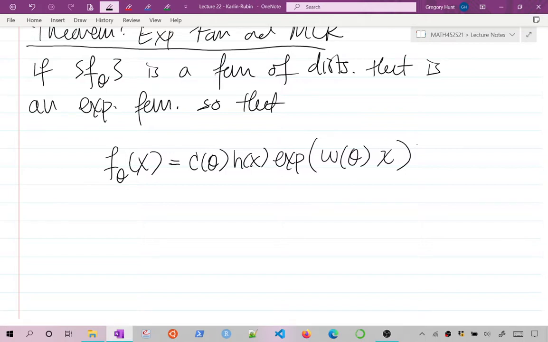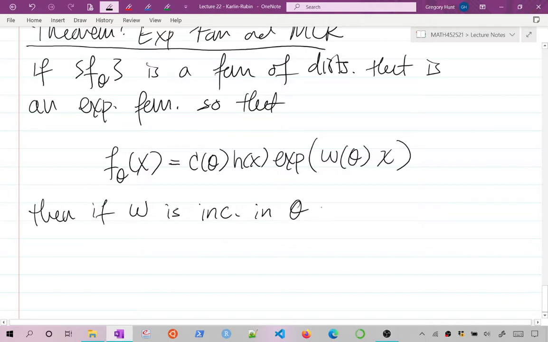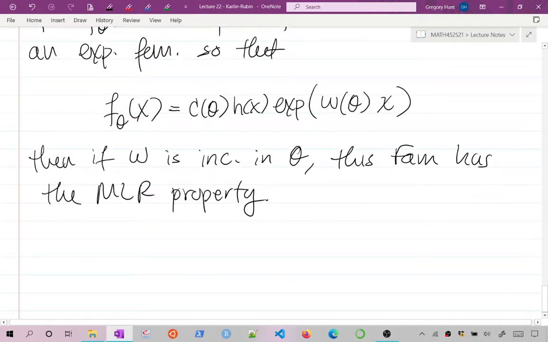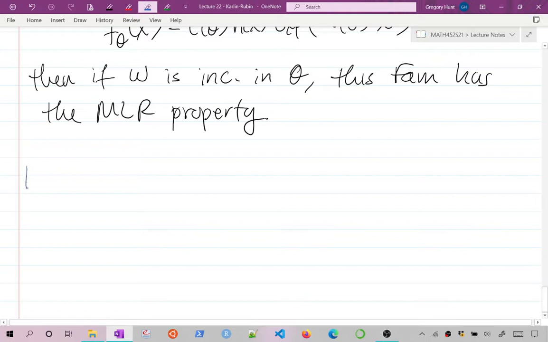If this is the case, so the family of distributions is an exponential family where T of X is just X, then if W is increasing in theta, this family has the MLR property. We can look at the proof of that. Not too hard to show.